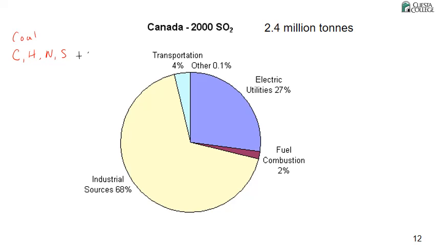When coal burns in air in a power plant, the products of the combustion are oxides of what's combusting. So CO2, which would contribute to global warming, H2O, nitrogen oxides like NO and NO2, and then sulfur dioxide.